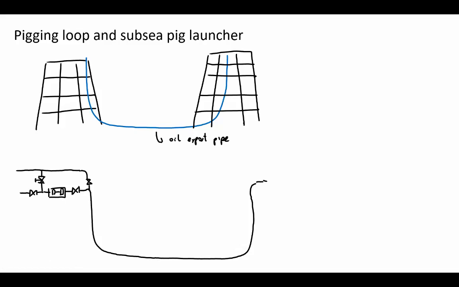Normally the liquid goes through here, but when the pig is approaching, and the pig usually has a sensor inside that detects where it is, they deviate the flow, make it pass through here, and then they close the two valves.